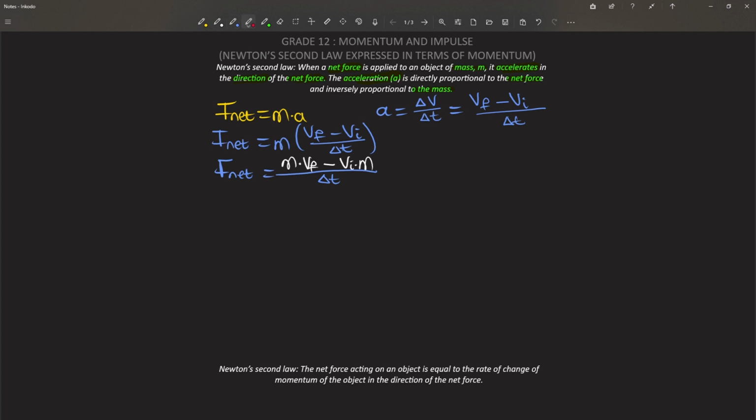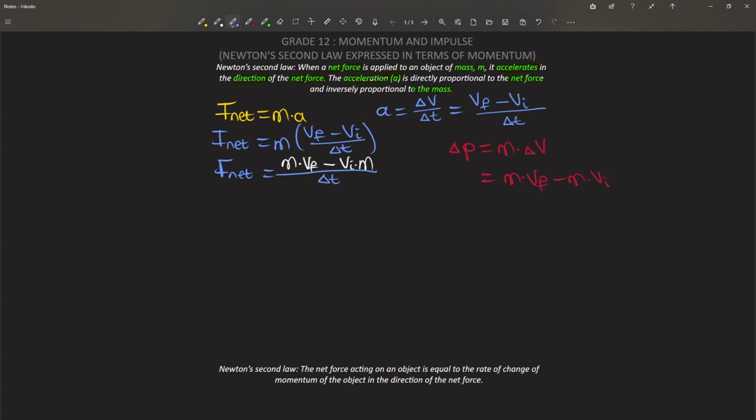Okay, now let's look at momentum. Let's look at the change of momentum. Change of momentum is equivalent to mass by change of velocity, which is just equivalent to mass by final velocity subtracting mass by initial velocity.